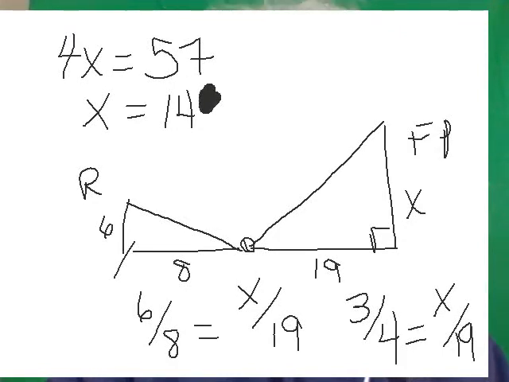oh, that's too fat. Let's erase. 14 and 1/4 feet. Oops, still too fat. So 14.